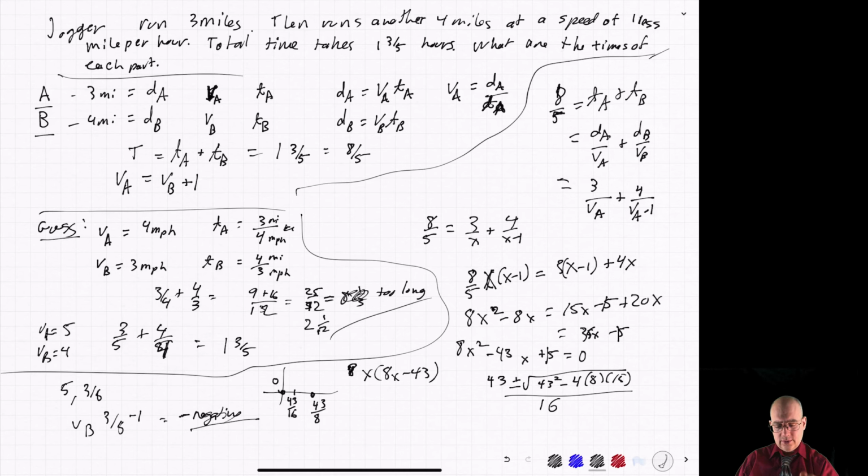It's always good. These other methods can rapidly get out of hand, even when there's a nice solution at the end, right? I mean, this is a nice solution. So there might be some kind of factoring thing that people could try. But I think that'd be a mess too.